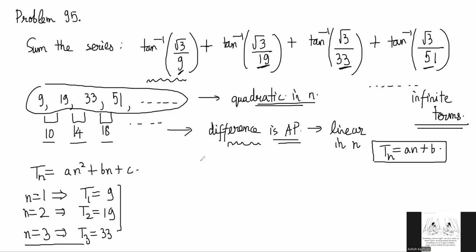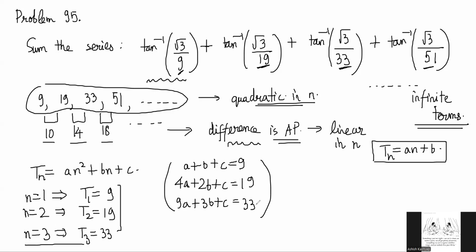So let me write the equations. A plus b plus c is equal to 9. 4a plus 2b plus c is equal to 19. And 9a plus 3b plus c is equal to 33. Solving these equations is straightforward, and you will be able to show that a is equal to 2, b is equal to 4, c is equal to 3.